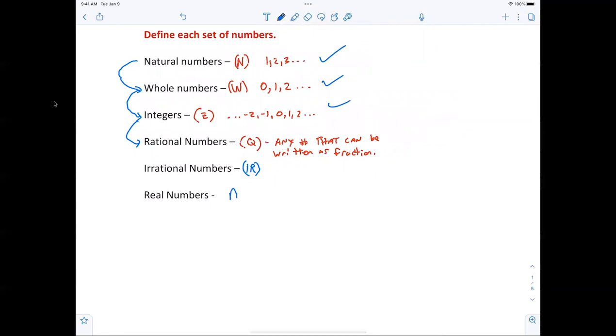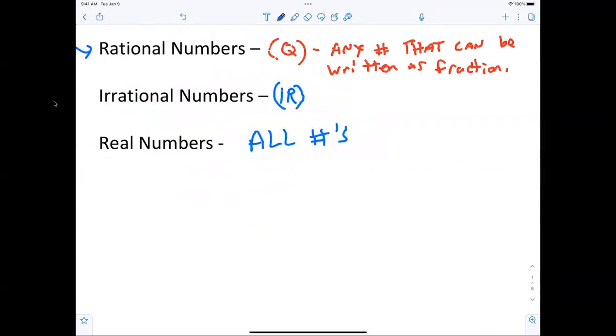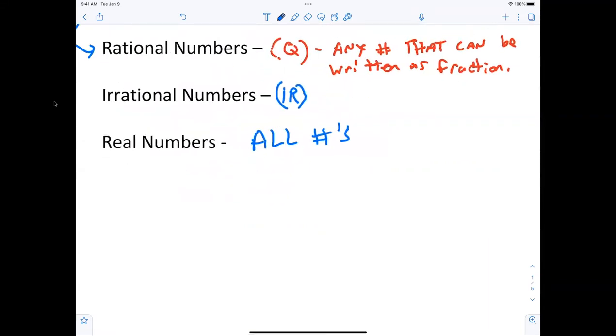And all numbers are real numbers. When you get to algebra 2, they will talk to you about imaginary numbers. Fascinating. So you have two sets, real and imaginary. But right now we are only studying the real numbers, and all of these numbers are considered real numbers. Now, let me give you a quick example of an irrational. Can you tell me the most famous irrational number?